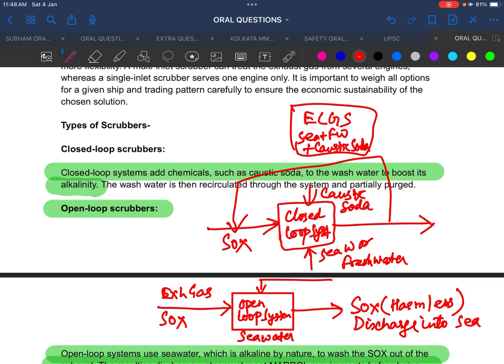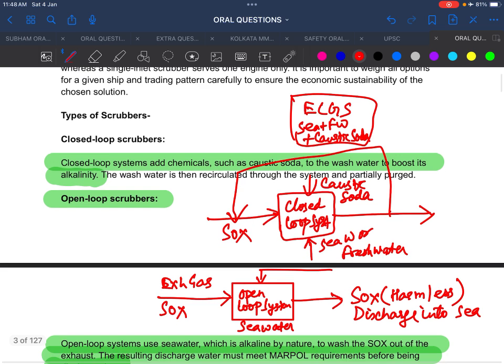Again, if the content of the harmless product is not under the limit, we can recirculate it to the input also. We again feed into the closed loop system, and some part is partially purged.